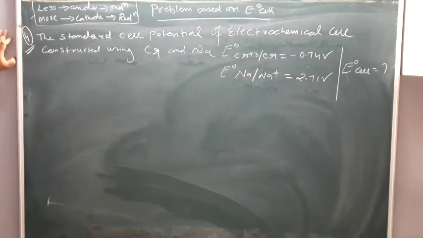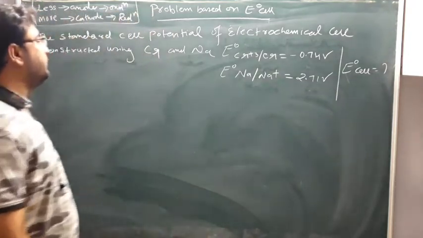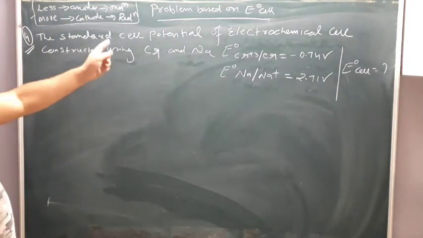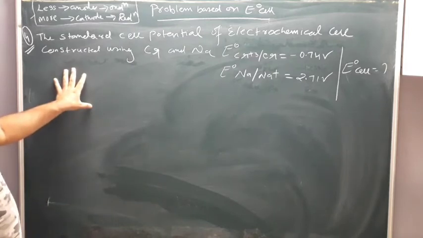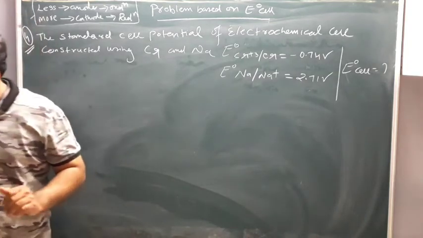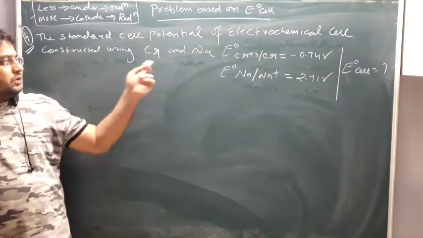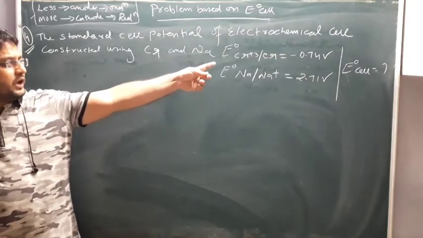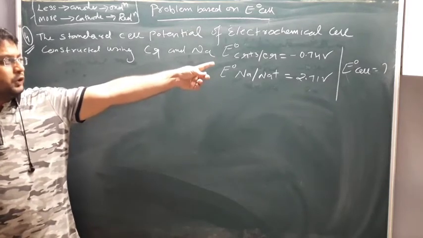See the question here. This Cr means chromium, belongs to d-block element. We are making one electrochemical cell using chromium and sodium. Yes or no? So the chromium reduction potential value they have given. Reduction means ion is converted into molecule.